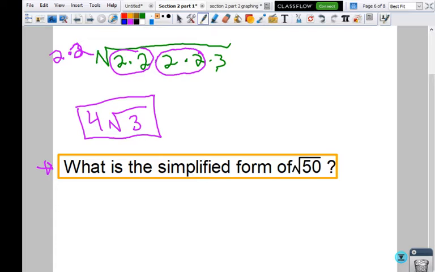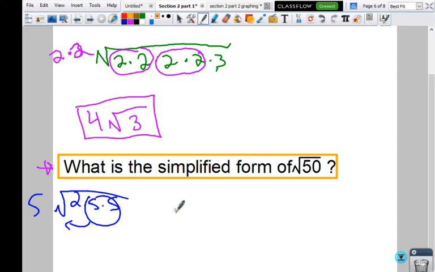How are we gonna split up 50? 2 times 25. What's gonna get kicked out? 5.